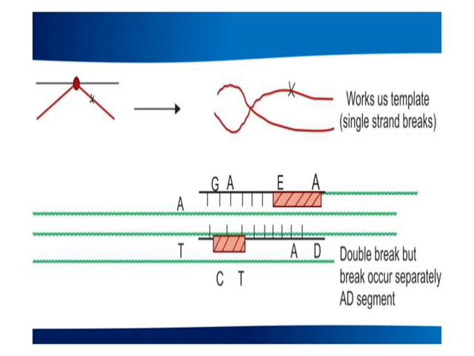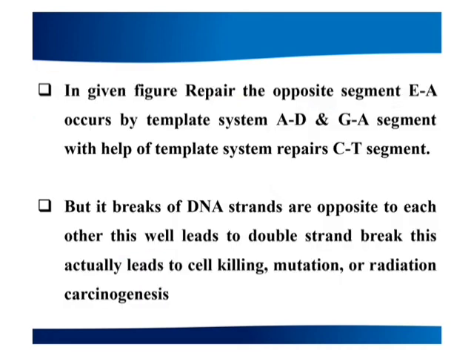And suppose in the lower segment of a DNA strand, the CT segment is broken, then GA acts as a template and the repair occurs. A double-stranded break happens, but the breaks are separate, then it is repaired automatically.